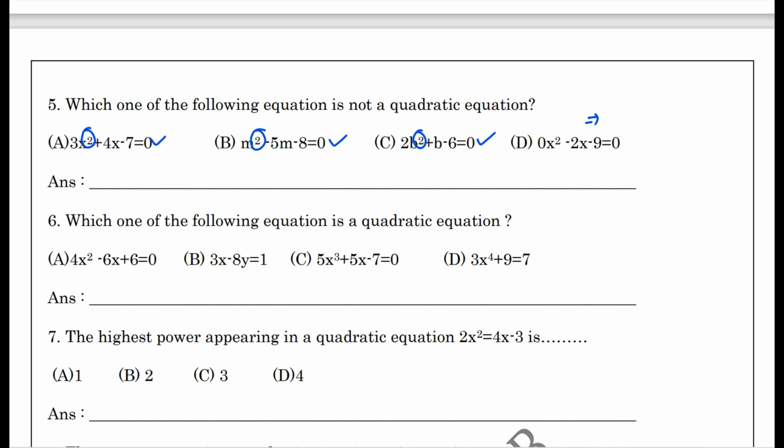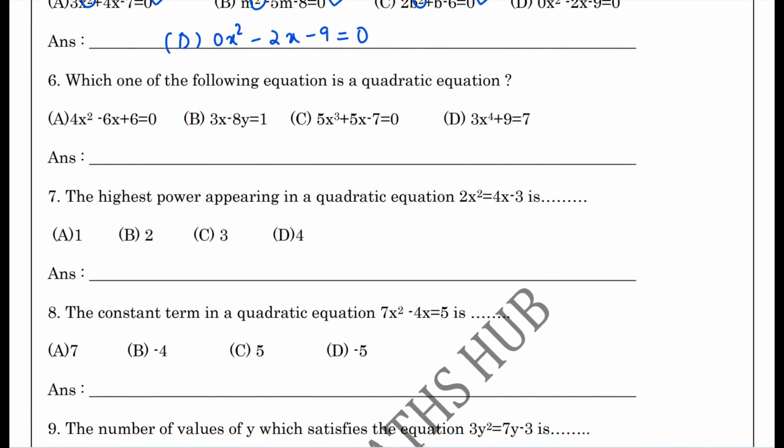So this equation becomes minus 2x minus 9. After simplification, 0 into x square is 0. 0 minus 2x is minus 2x, minus 9 equals 0. That means option D is not a quadratic equation. 0x square minus 2x minus 9 equals to 0.